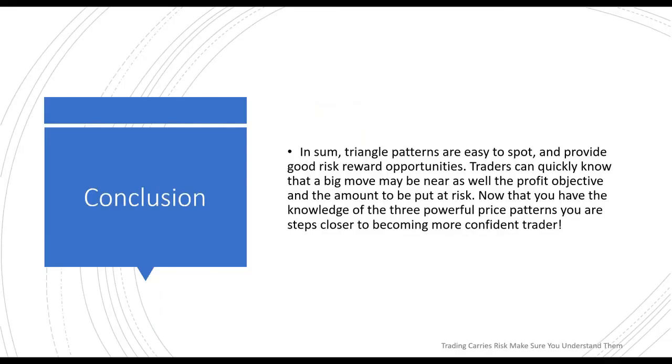In sum, triangle patterns are easy to spot and provide good risk-reward opportunities. Traders can quickly know that a big move may be near, as well as the profit objectives and the amount to put at risk.